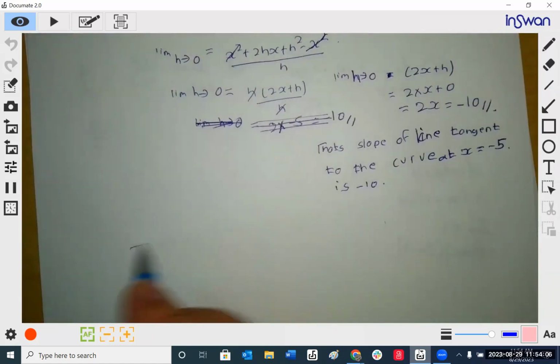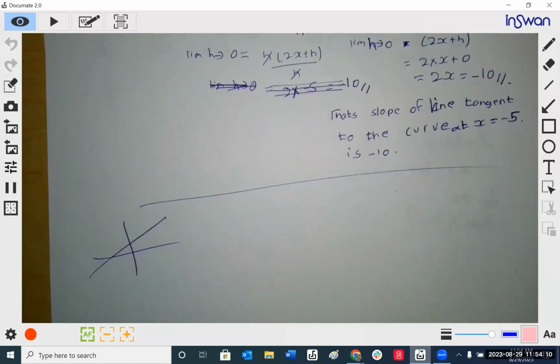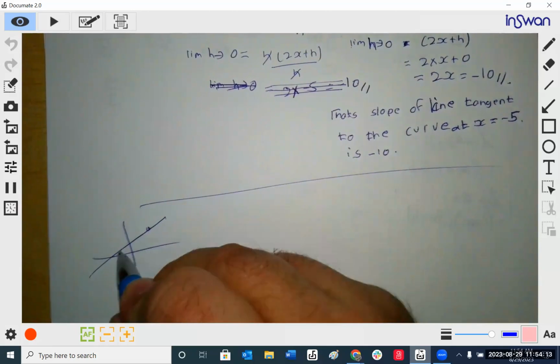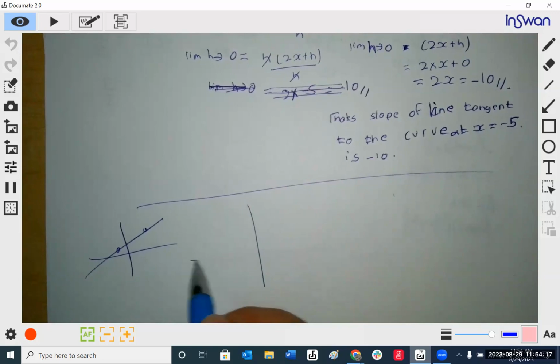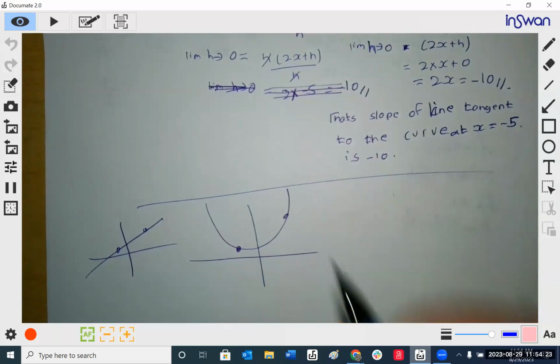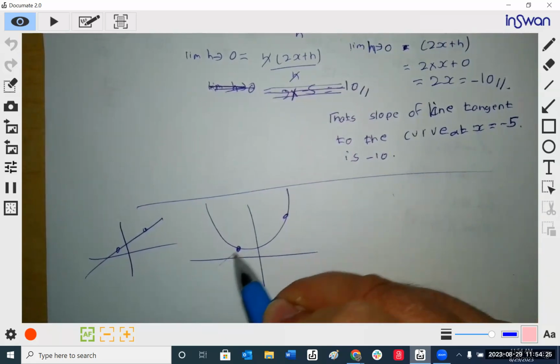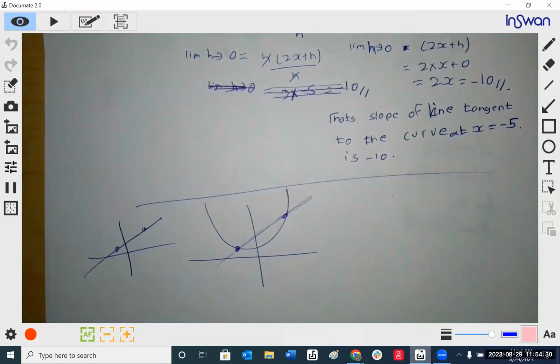Because in algebra, finding the slope of a line is pretty easy. We can find 2 points and do the slope equation. But once we have a curve, and if we pick 2 points on that curve and draw a line between them, did we find the slope of the curve?